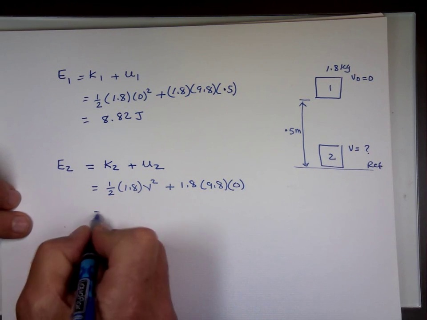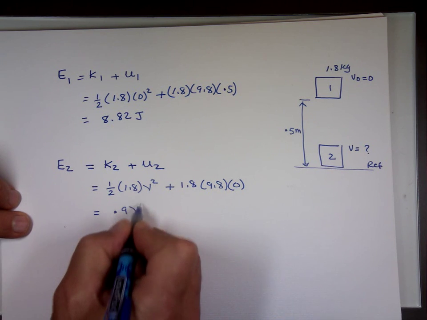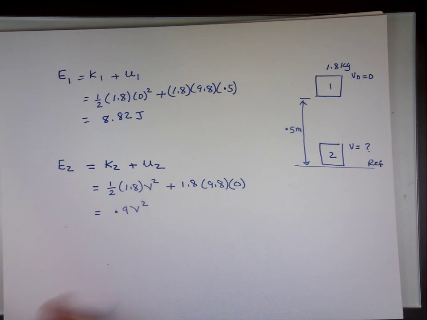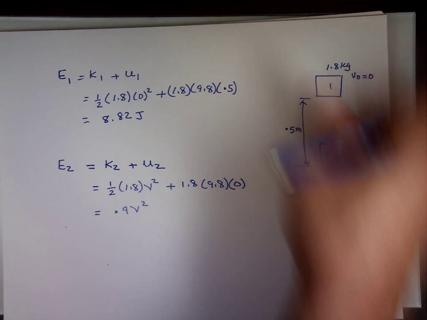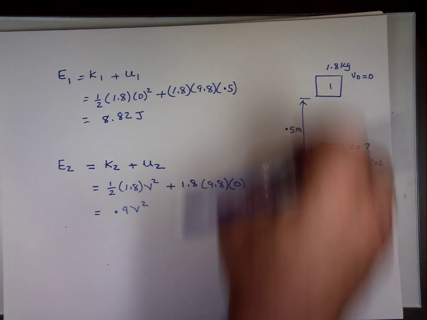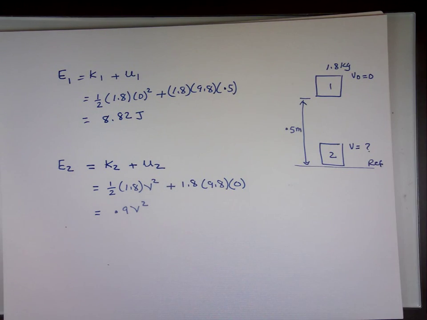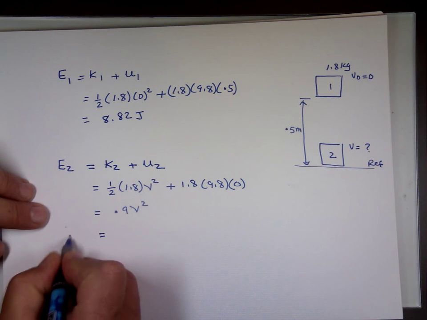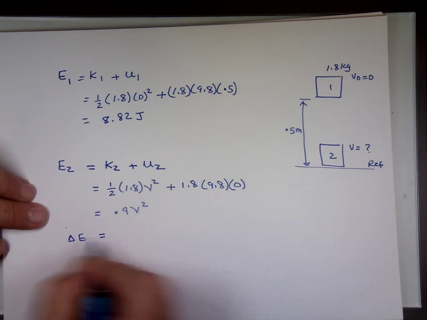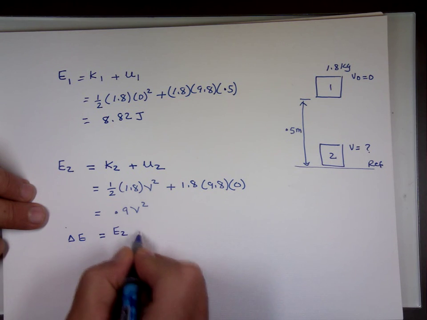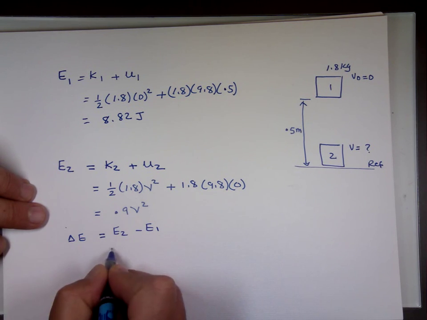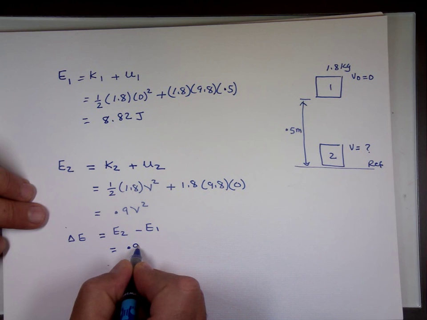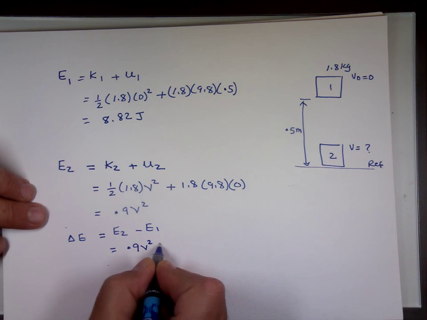There is no friction here, so friction is not a factor. It's dangling in the air, not rubbing on the table. So now the change in energy is the final minus the initial: 0.9 v squared minus 8.82.